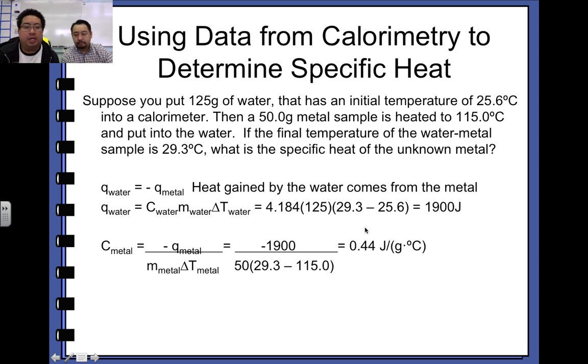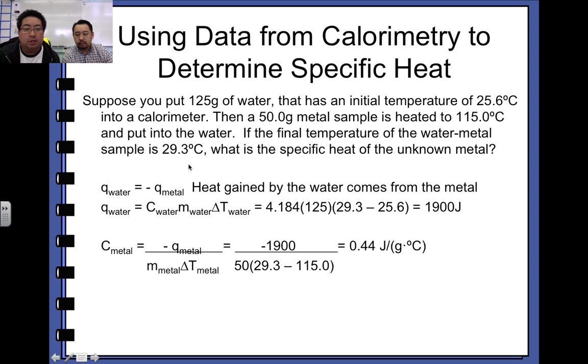So now that we know how much energy the metal released, we can solve for the specific heat of the metal, because we have our Q, which is the 1900. It's negative because this was lost. We have the mass of the metal, which was 50 grams, and then we have the change in temperature of the metal. Now remember, we're talking about the metal, not the water.